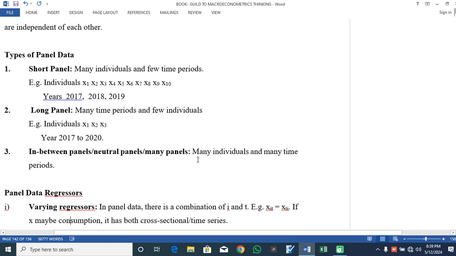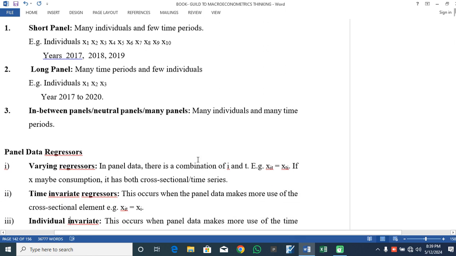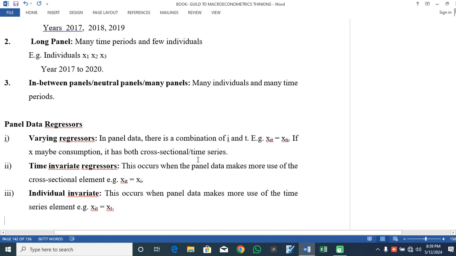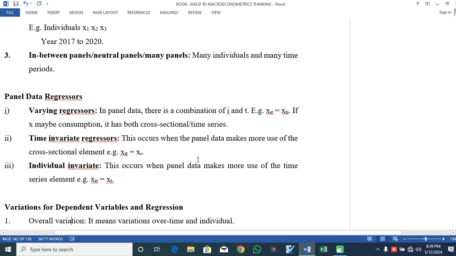Then the in-between panel or neutral panel has many individuals and many time periods. So in panel data regression, we have some dimensions that are critical to our understanding, such as the varying regressors, the time invariant regressors, and the individual invariant regressors.